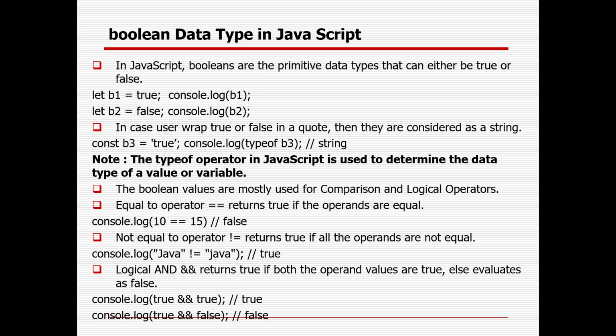The boolean value is primarily used in comparison and logical operations. We can check logically equal or not equal, compare whether both are true or the false condition is matching, and logically check whether both are true or any one is false. So that is the way you can use the boolean data type in JavaScript.